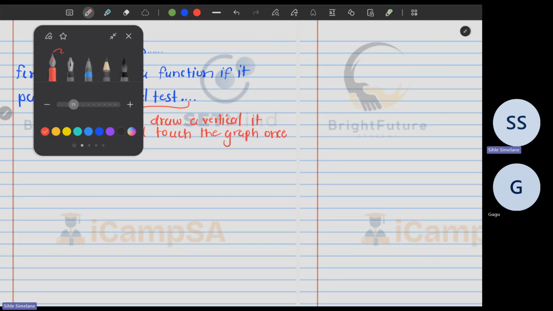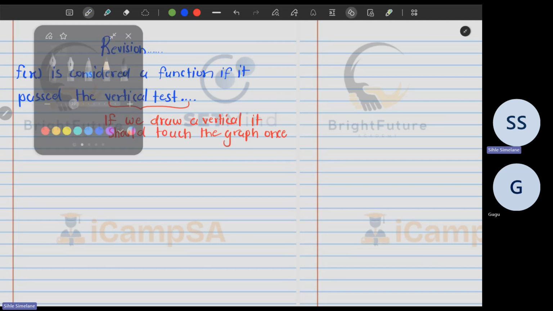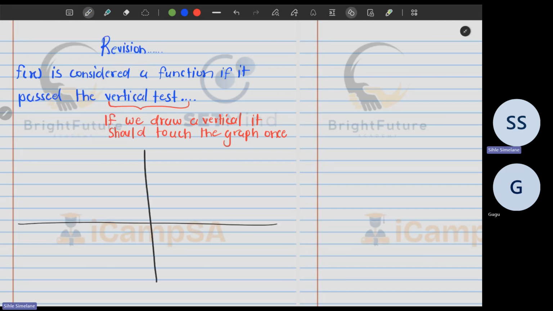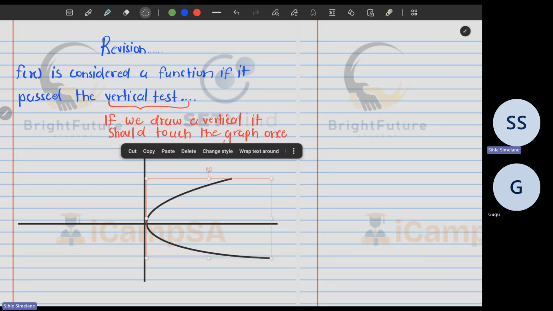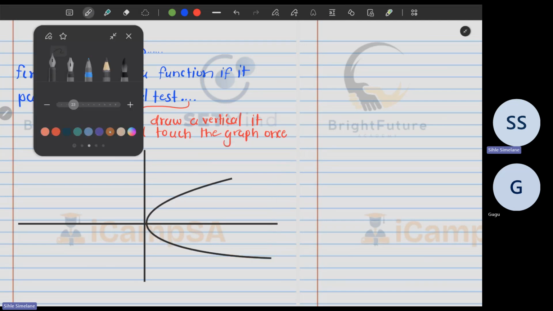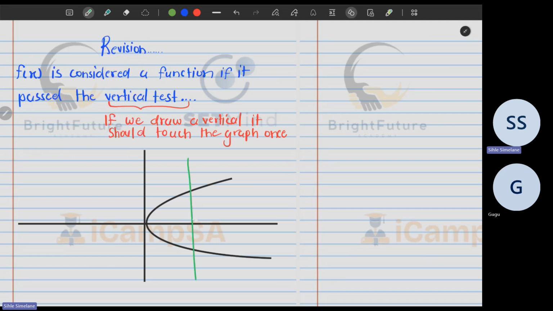So as an example, before we get started, if I have a sketch like this, with this our Cartesian plane, then I have a parabola that looks like this. This parabola of ours will not be a function if it is like this, because if we draw our vertical line, it will touch it at 2 points. So it will touch it there and there.